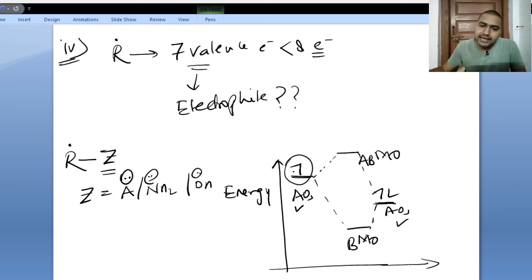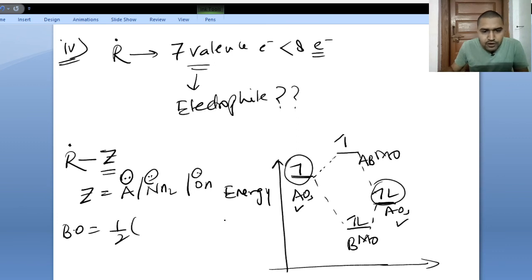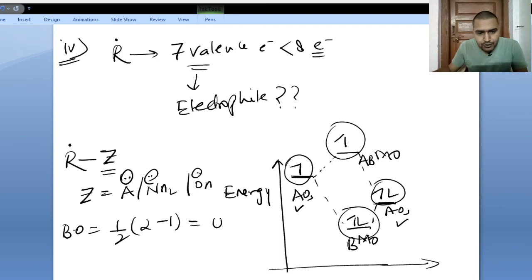How many electrons are there? 3. And how do we fill them? According to the Aufbau principle: 1, 2, and this one is present in the anti-bonding molecular orbital. So your bond order is half of the number of electrons in the bonding molecular orbital, 2, minus the number of electrons in the anti-bonding orbital, 1. So your bond order is 0.5.